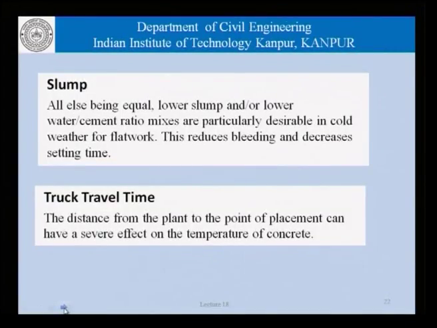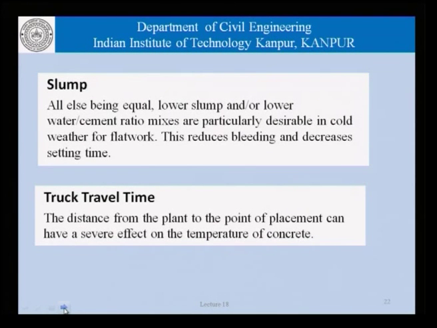Coming to the properties of fresh concrete that should be used in cold weather, everything else being equal, lower slump and or water cement ratio mixes are particularly desirable in cold weather for flat work, because that reduces the bleeding and also has the effect of reducing the setting time.